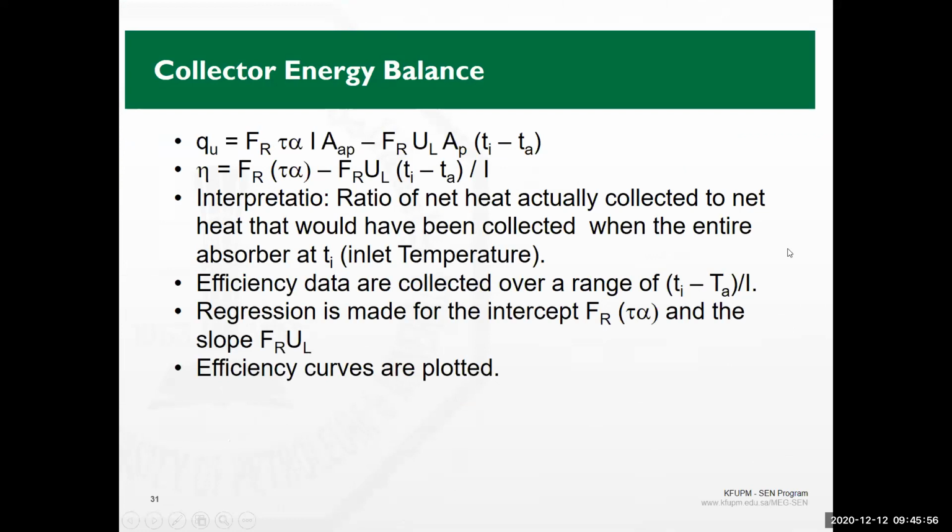Interpretation here: the ratio of net heat actually collected to the net heat that would have been collected if the entire absorber is at an inlet temperature TI. This efficiency data are plotted against the TI minus TA over I, which is the incident solar energy.